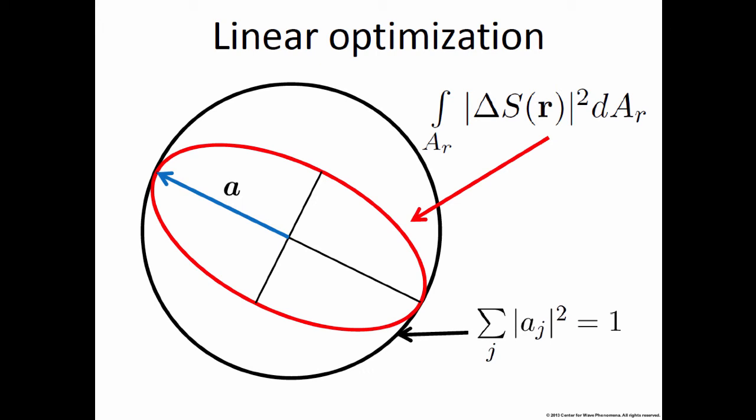We have just begun to implement this, so I don't have any results to show you today, but we know that first of all, it's a linear problem, so it's much easier to solve, and hopefully it'll be able to find the exact values that will maximize this difference.